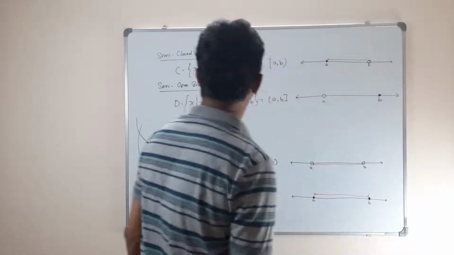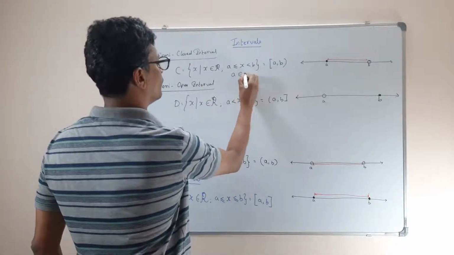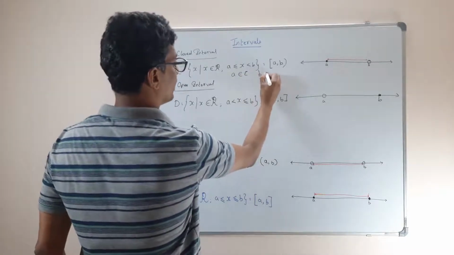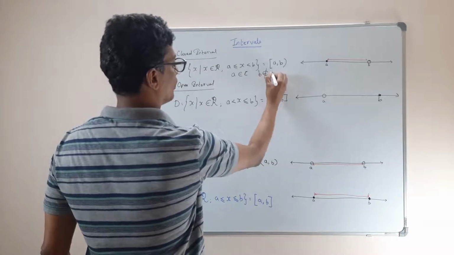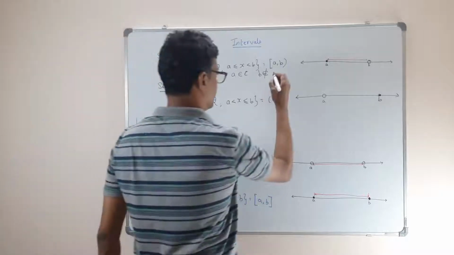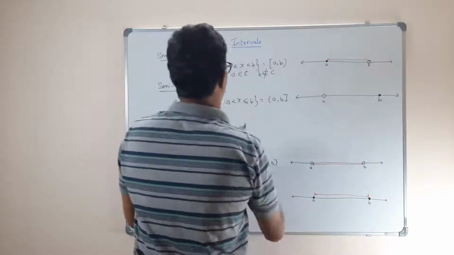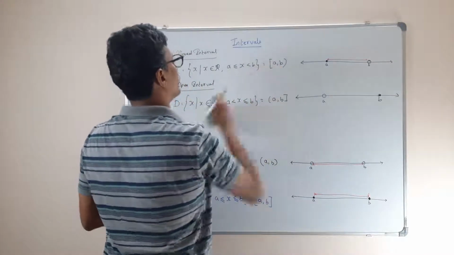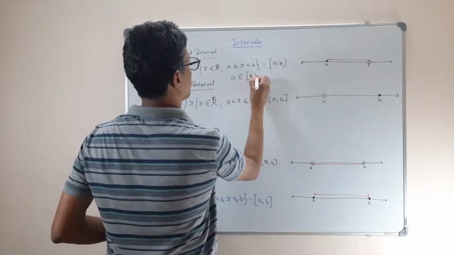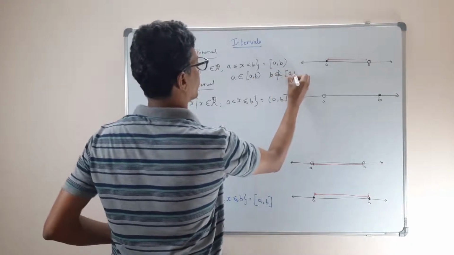Here A is an element of C. Is B an element of C? No, B is not an element of C. You can write it in linear symbols: A is an element of [A, B), and B is not an element of [A, B).